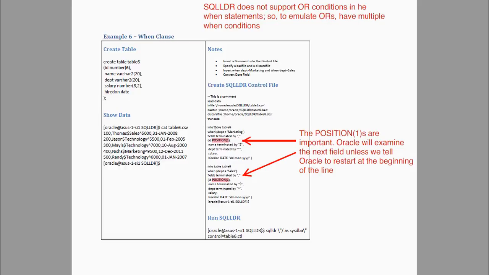So in this particular case, once it's finished going through this part, it's going to start at the end of the date field and start evaluating here. So we have to tell it position 1 again so that it knows department or sales. So the position 1s are very important. Also note I use the SQL Loader date format here to format the date.